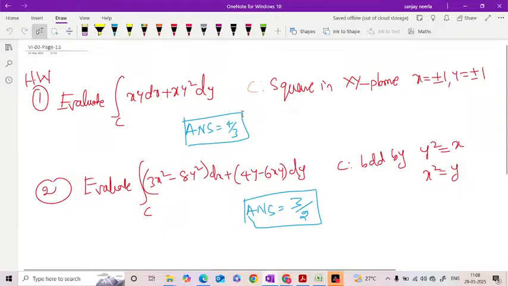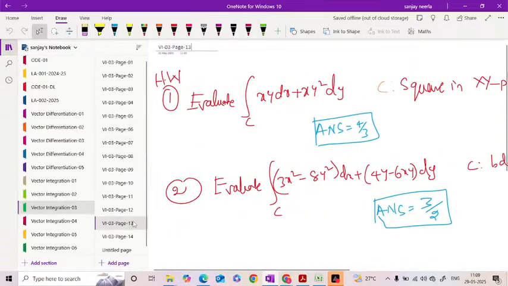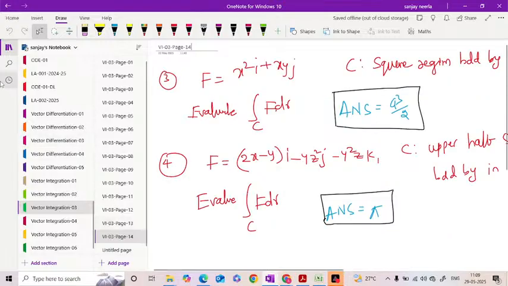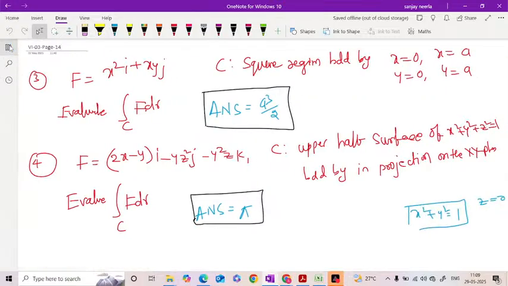This problem we can solve in 3 ways: by using the normal line integral approach, or by using Green's theorem, or by using Stokes theorem. Next one, a problem solution here, second problem or third problem or fourth problem.